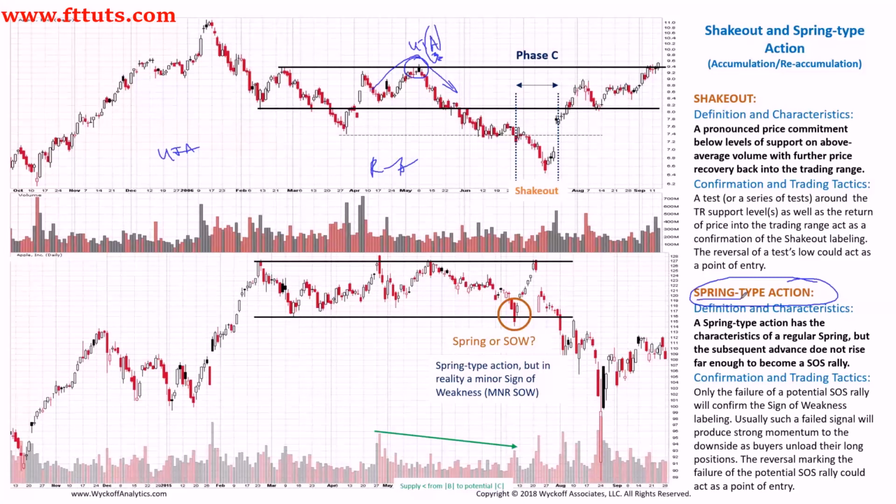The same with this spring. We could see in the distributional structure that in some instances a sign of weakness could be interpreted as a spring.